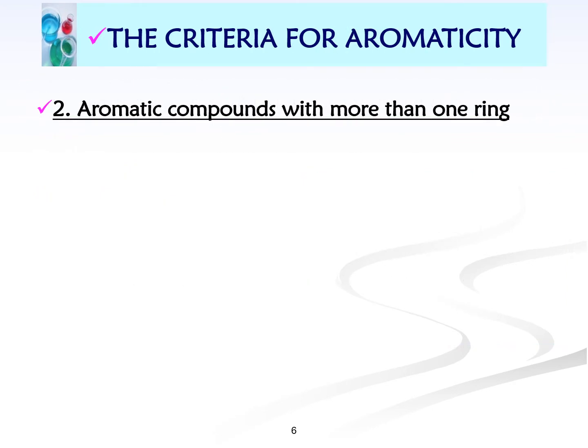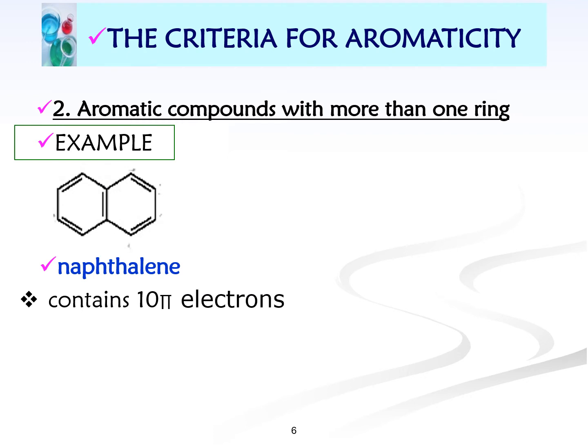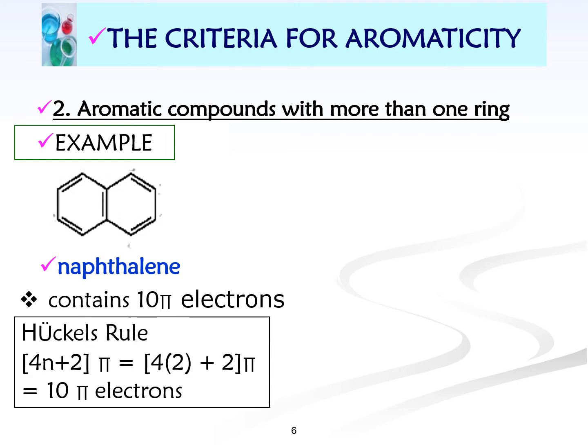Next, we refer to the second example, an aromatic compound with more than one ring: naphthalene. First, count the number of pi electrons in the molecule. In naphthalene, there are 10 pi electrons. Then set this number equal to 4n plus 2 and solve for n.